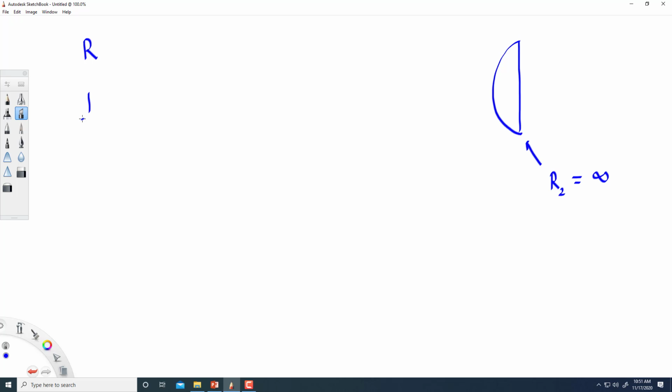Okay, so your formula is 1 over f is equal to (n minus 1) times (1 over r1 minus 1 over r2). Whenever this is in air, you can just use the actual refractive index here. But if it is not in air, then you will need to use the ratio. This ratio needs to be used when you are dealing with two different media that are not air.